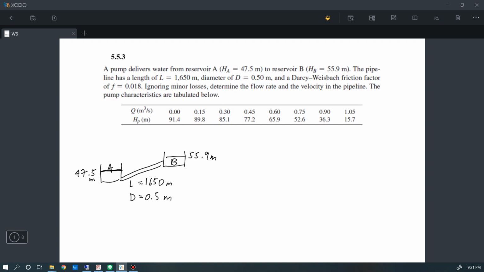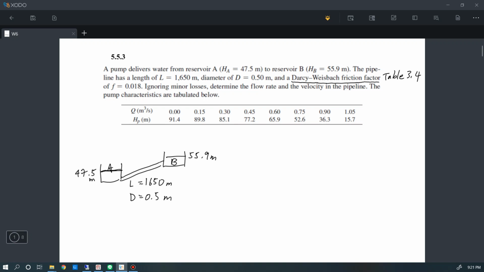And to calculate the friction head loss, the problem asks us to use the friction factor, which you can find the equation at Table 3.4.